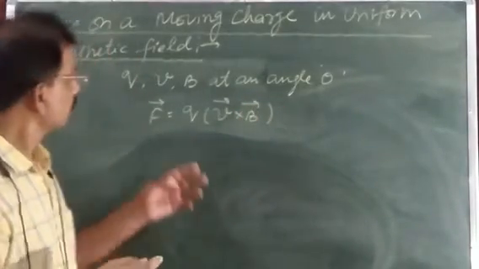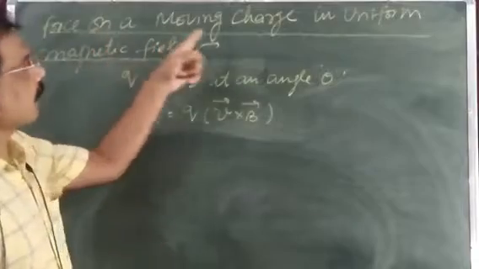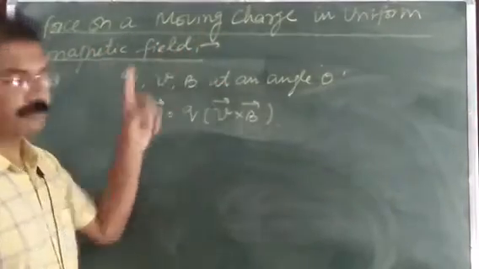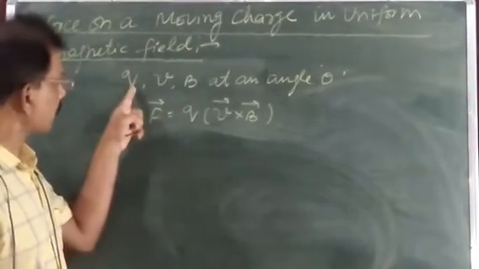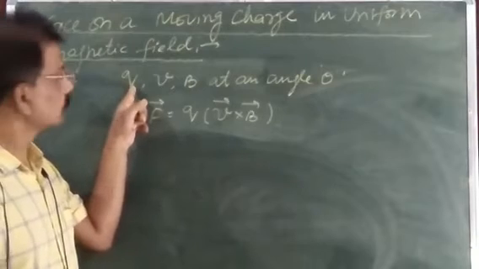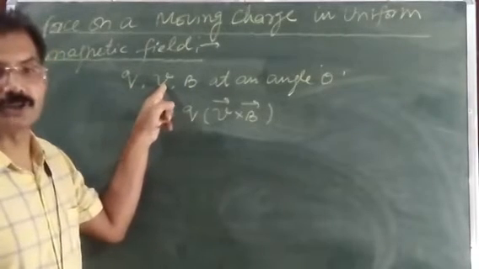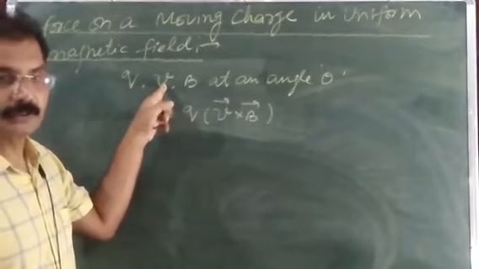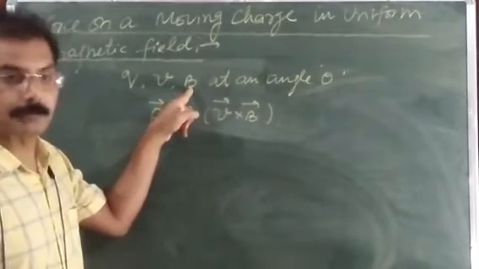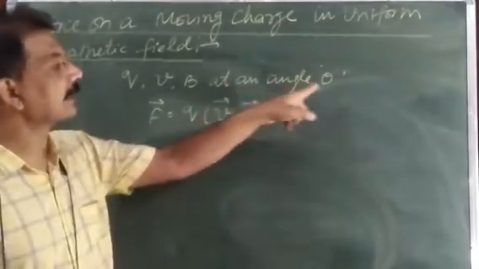Again listen here, force on a moving charge in a uniform magnetic field: when a charged particle Q moves with velocity v in a uniform magnetic field B at an angle theta.